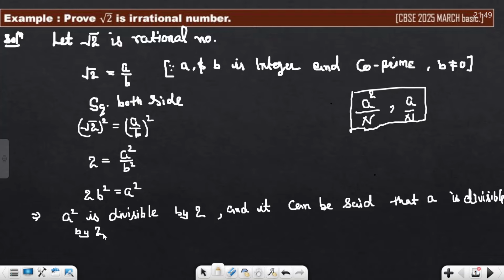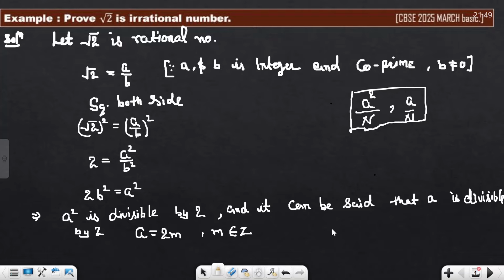Understand? So if a is a multiple of 2, we let the value of a be equal to twice of m. Okay, m is any integer. Here m belongs to any integer.